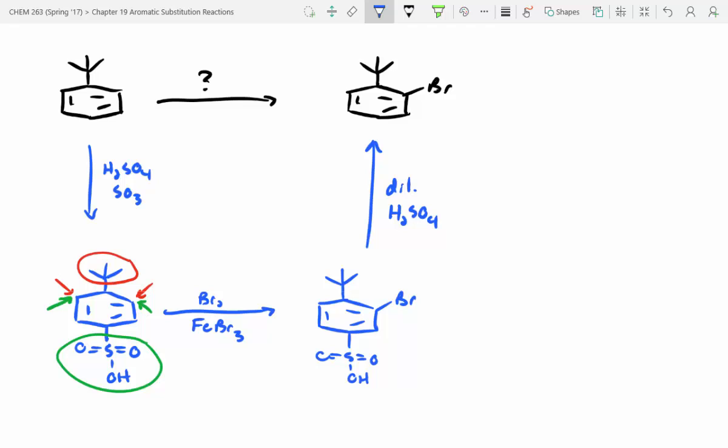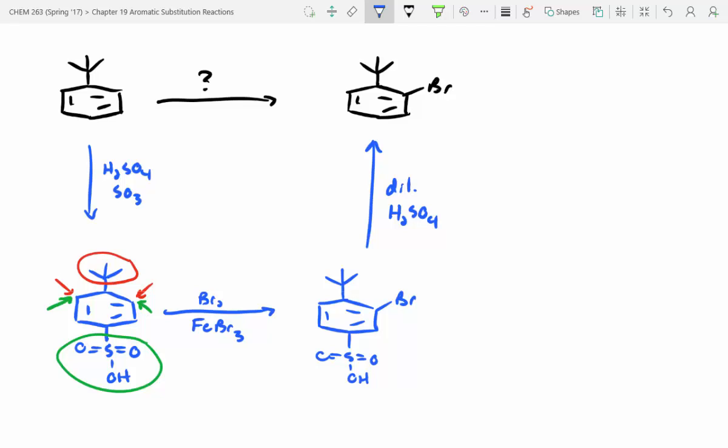Yep. In an actual experiment, though, will we get a lot of products having two bromines in the end? Since we're using electrophilic bromine and the FeBr3, won't it put bromines on the other side of the ring? No, I think I understand what you're asking. So you're wondering if we run into a problem of overbromination.